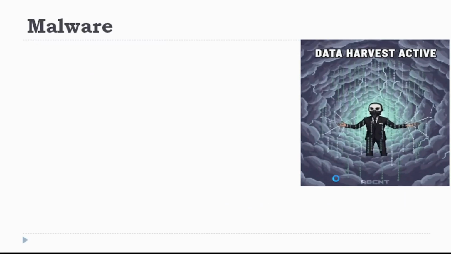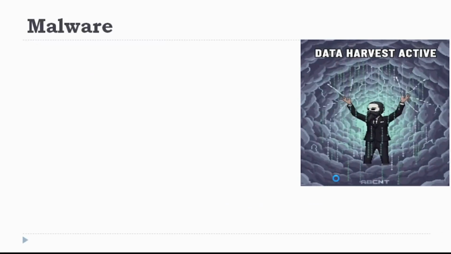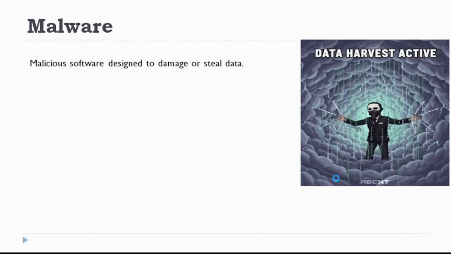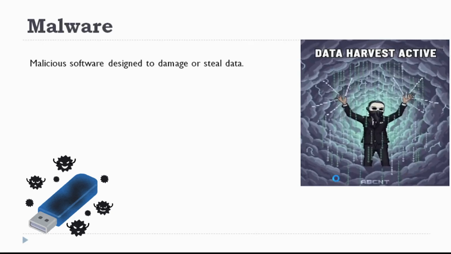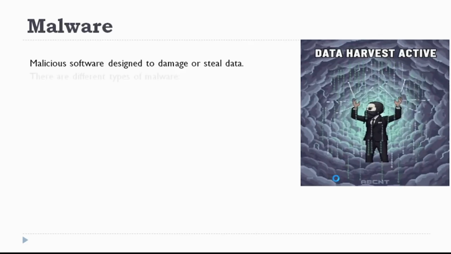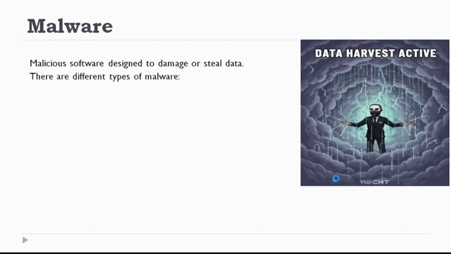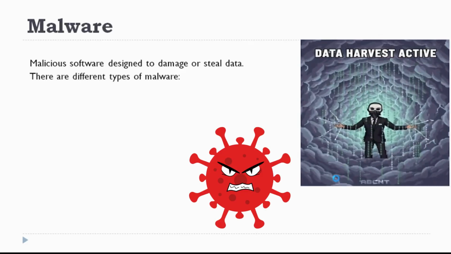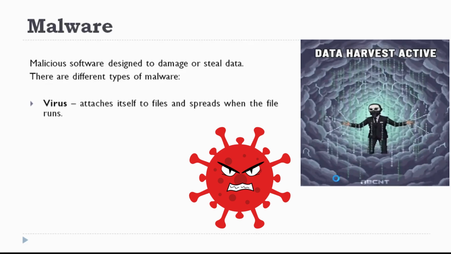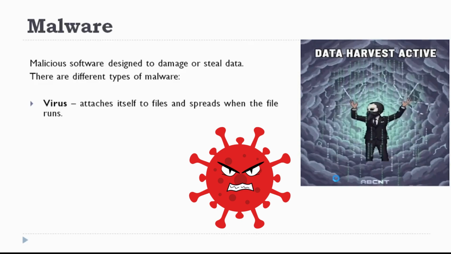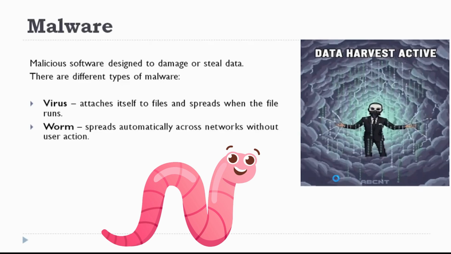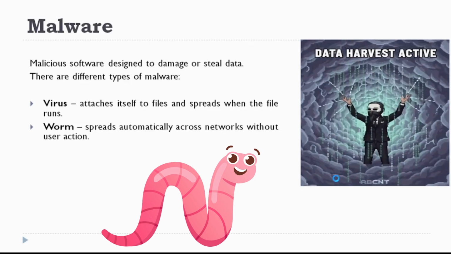So, let's first discuss malware. Malware refers to malicious software created to invade, damage, or disrupt computer systems. Viruses attach themselves to legitimate programs and spread when those programs run, while worms can replicate automatically across the network.